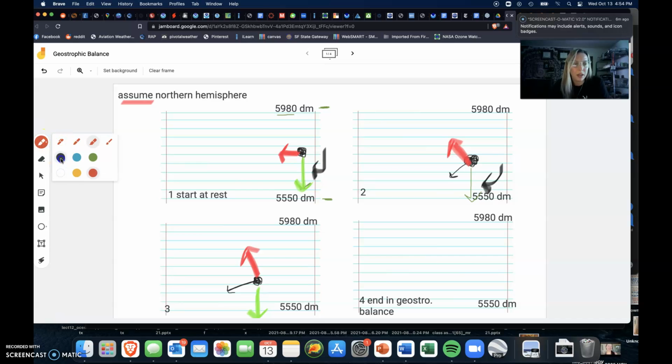And then by my fourth panel here, I'm just going to move a bit more. So now I've moved quite a bit, but my PGF is here and my Coriolis is here, and I'm trying to make these arrows the same size, indicating that they are of the same magnitude.